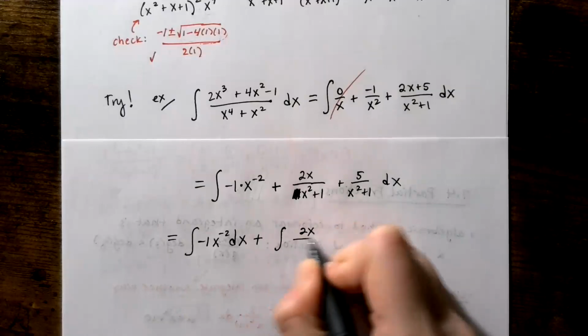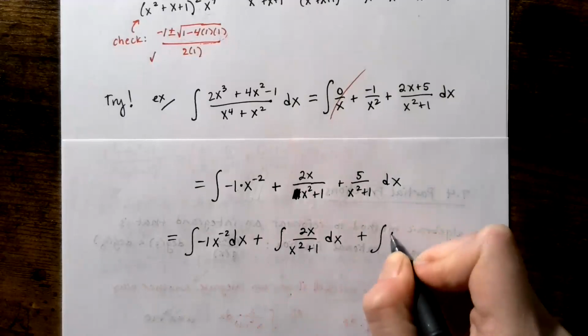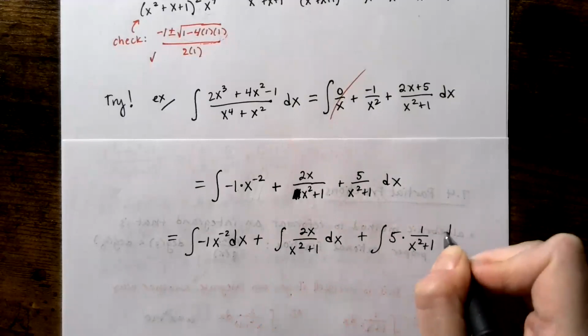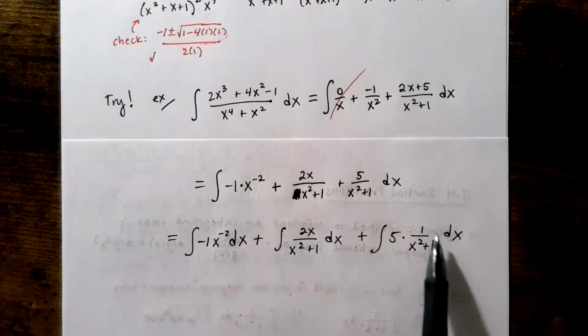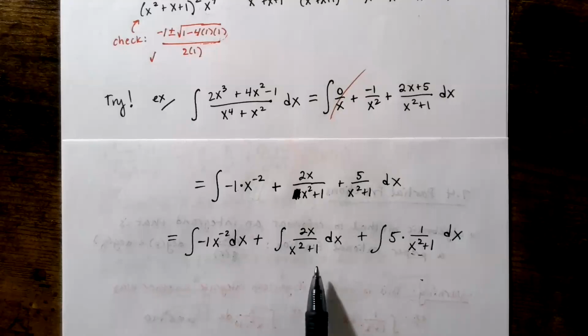I'll have 2x over x squared plus 1 dx here. And then that 5, I'm going to take off the top of x squared plus 1, because this I know is inverse tan or arctan's derivative. So this is one step, this is one step. The one in the middle here is not one step, but as is, it's doable.